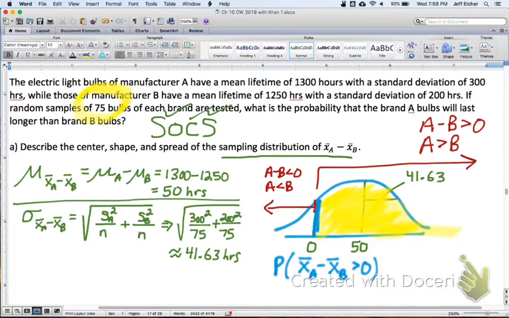I think that's more accurate. Equals, well, we would do normal CDF. The lower bound is 0. The upper bound is infinity. The mean is 50. And the standard deviation is 41.63.